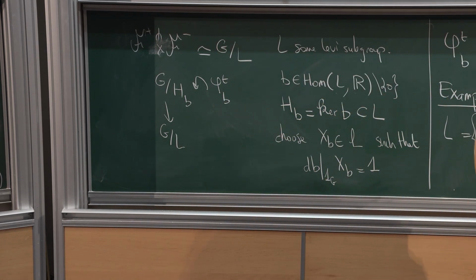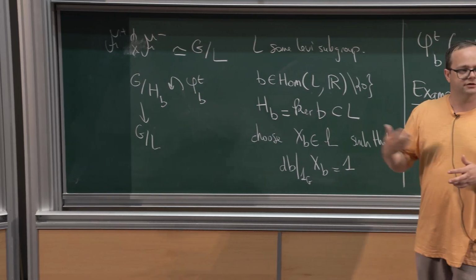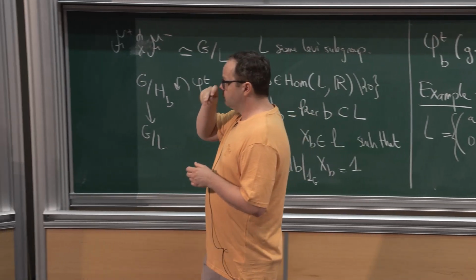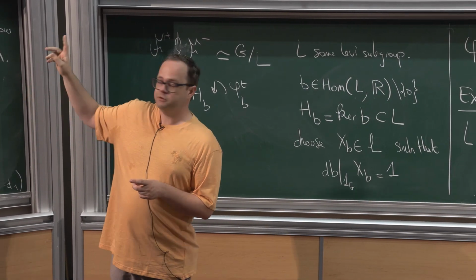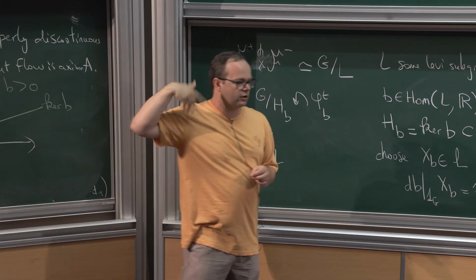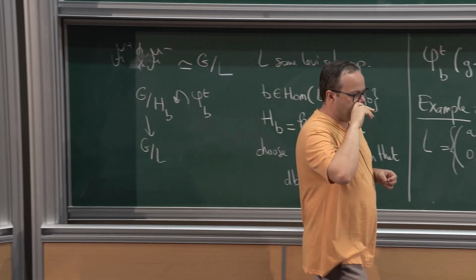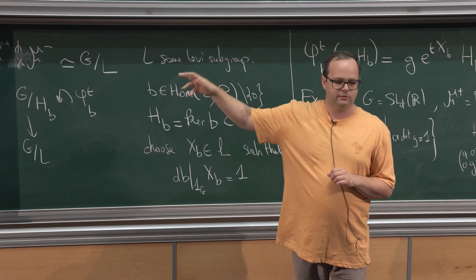Usually you'll assume everything to be Zariski dense so that your representation is irreducible. Here you cannot use representation theory, because these B's are some weights and it would only work for some integral dominant weights, but you want it to work for non-integral weights, and so you really need to do it again by hand.